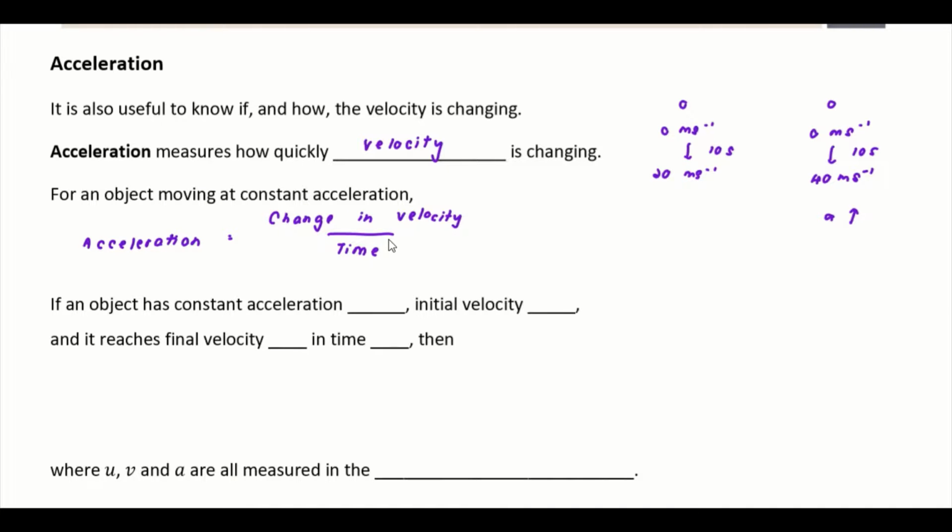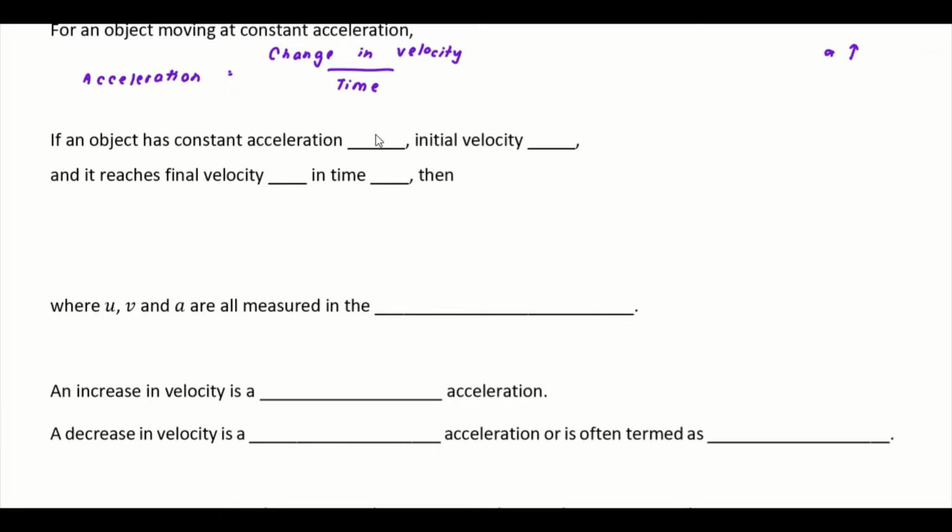If an object has constant acceleration a, initial velocity u, and final velocity v, measured over a time t, then to find the constant acceleration we can use the formula a equals v minus u, divided by t. Here v minus u is the change in velocity, meaning the final velocity the object reaches minus the initial velocity the object starts with, divided by the time.